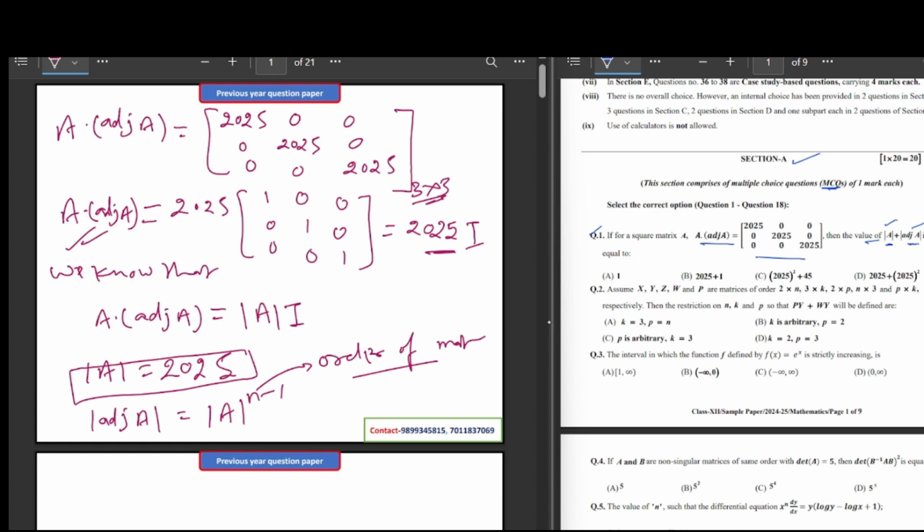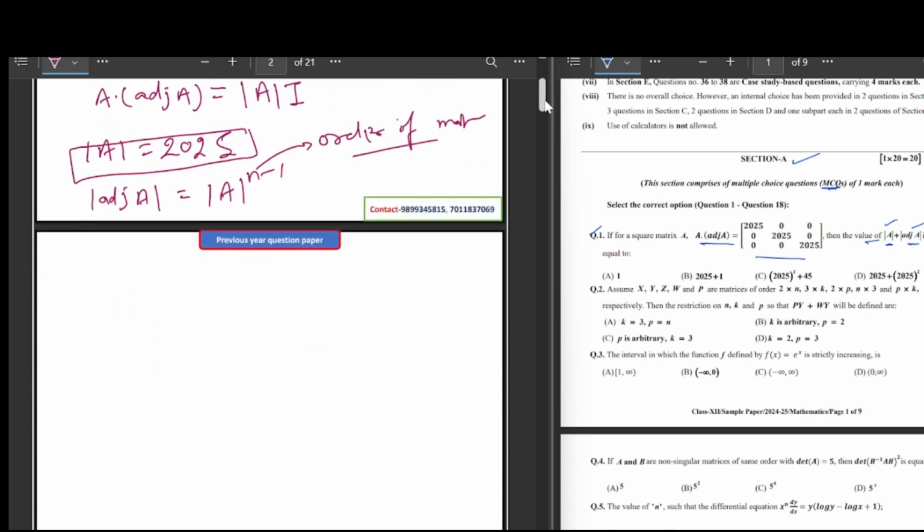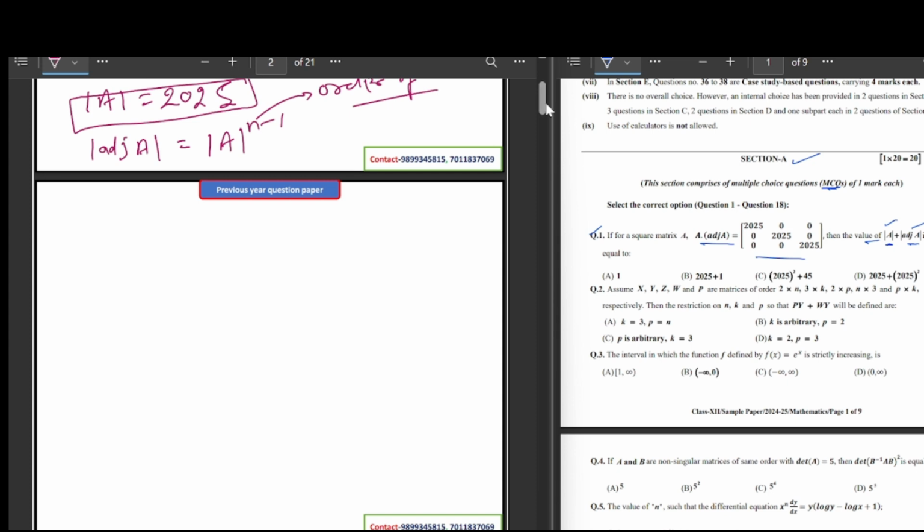So n is 3 cross 3, so n is equal to 3. Now let us solve this next part.